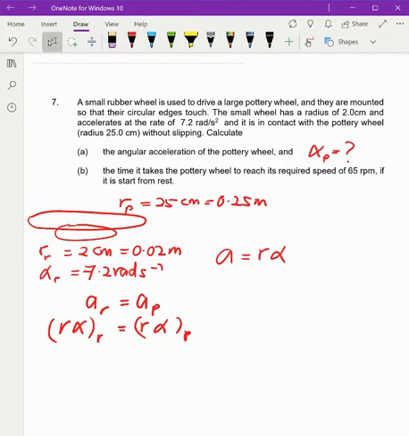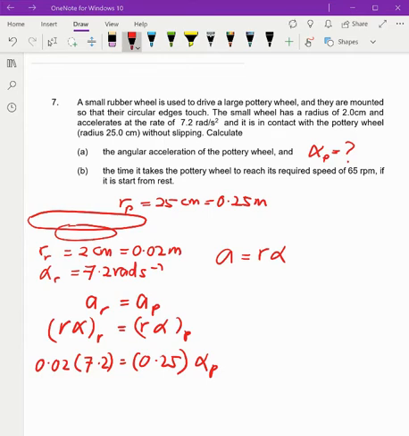Next we do the substitution. What we have is R alpha for rubber, so 0.02 times 7.2 equals the radius for pottery, 0.25, times alpha, and we want to calculate the alpha for pottery.